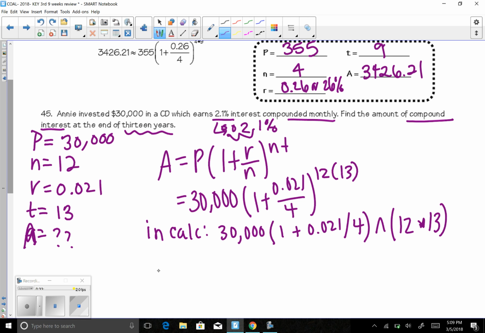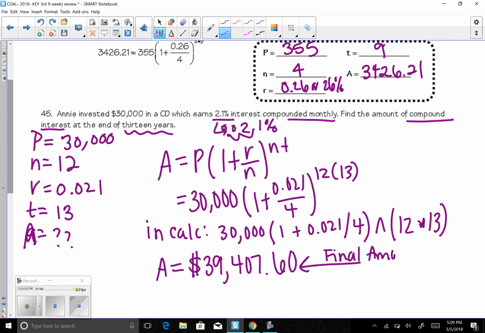If you do that, you end up getting $39,407.60. This is the final amount in her account after 13 years.